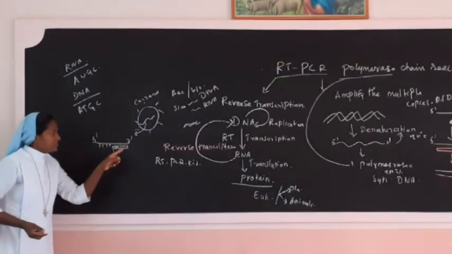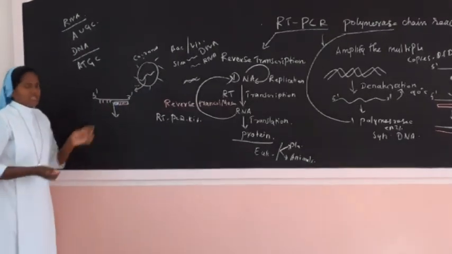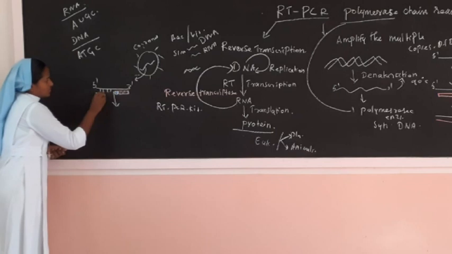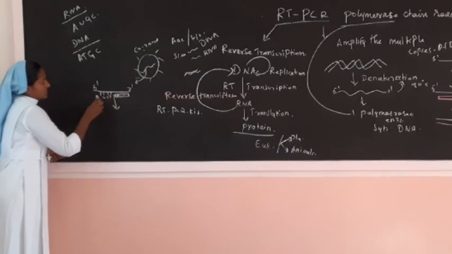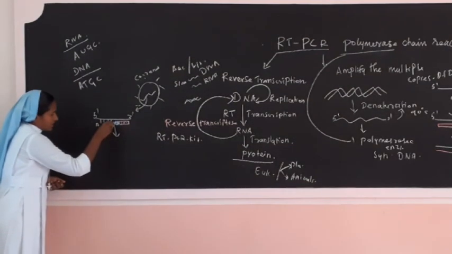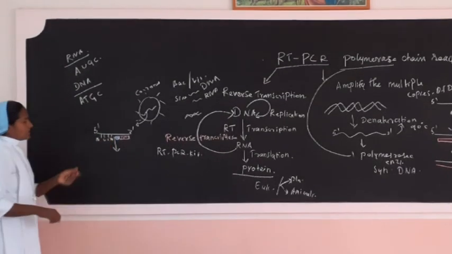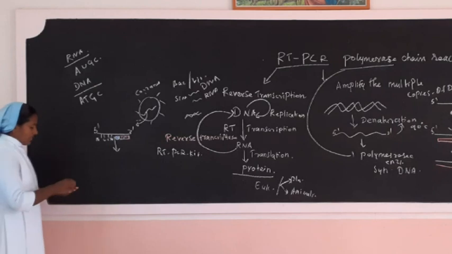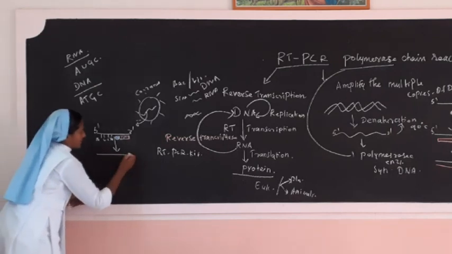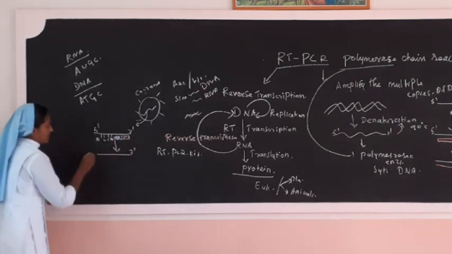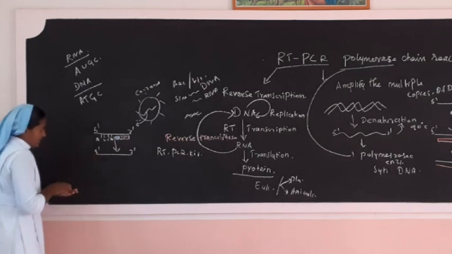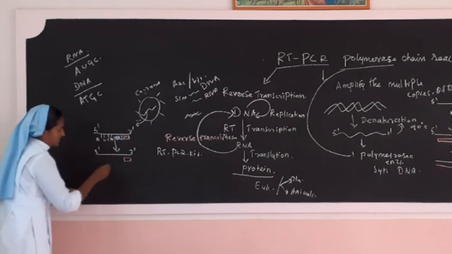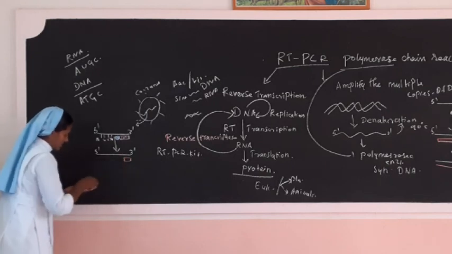So, if these primers match these sequences, for example, sequences like A, U, G, and here again A, those sequences will match the primer. So, it will form a complementary strand, that is here the primer, then the new strand is extended in this way.